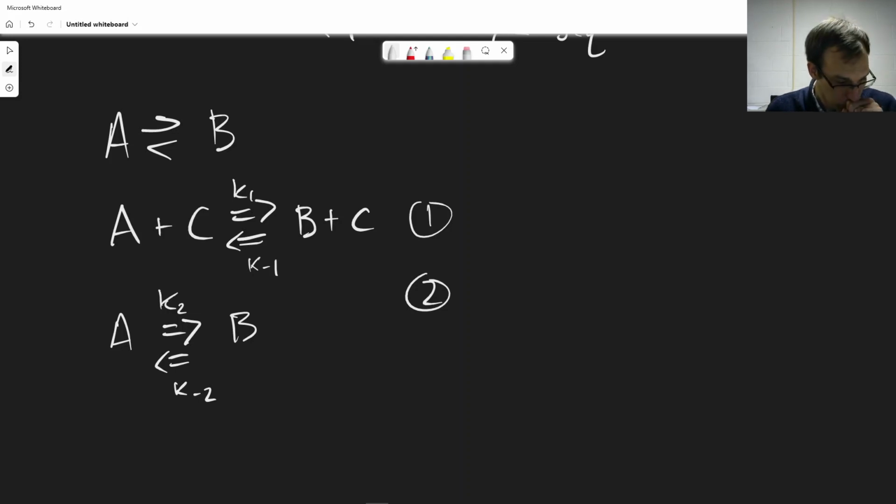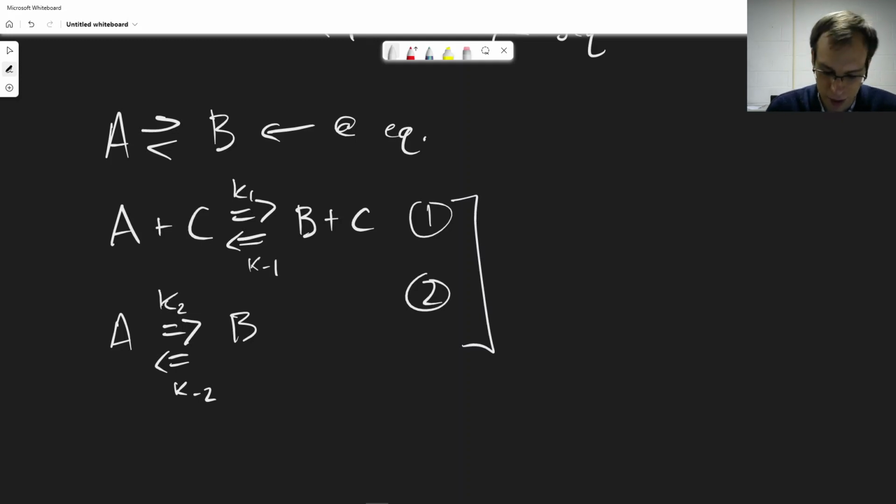And so one thing we can recognize here is that if this complex reaction is at equilibrium, then all of the steps, all the elementary steps of the mechanism, also have to be at equilibrium. Because if they're not at equilibrium, if the rates are not the same, then there is a net change in the concentrations of products or reactants, right?